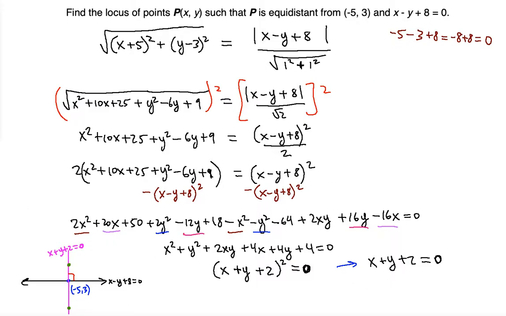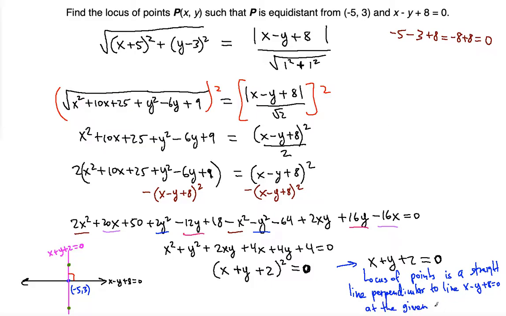So we can say that this result, the locus of points, is a straight line perpendicular to line x minus y plus 8 is equal to 0 at the given point -5, 3.